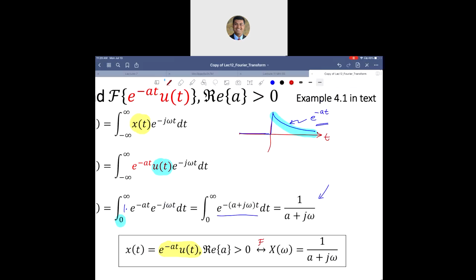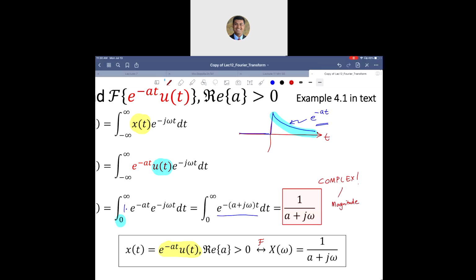Is x of omega complex? Yes. If it is complex, then I need to find its magnitude.